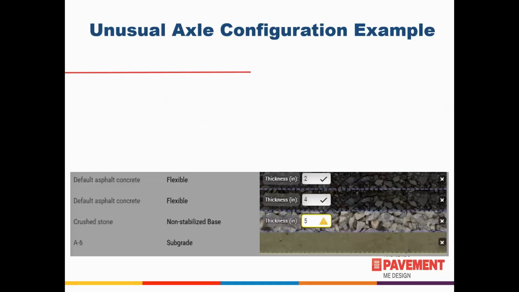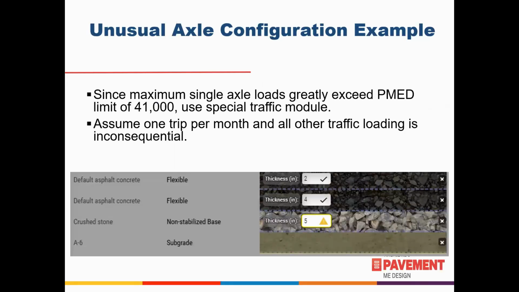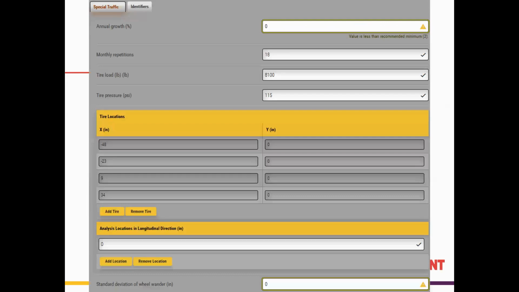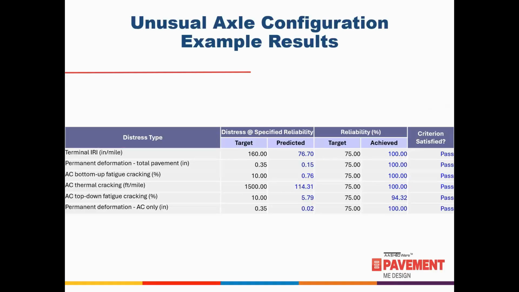But again, that's outside the inference space of the actual loadings that were measured through the LTPP program. So whether or not the damage accumulation is going to be the same at those levels, or the model is going to apply to damage levels that high, might be a little questionable, but you're making the best of the situation.